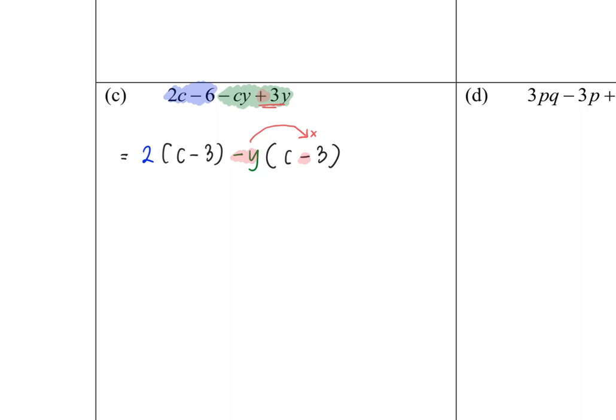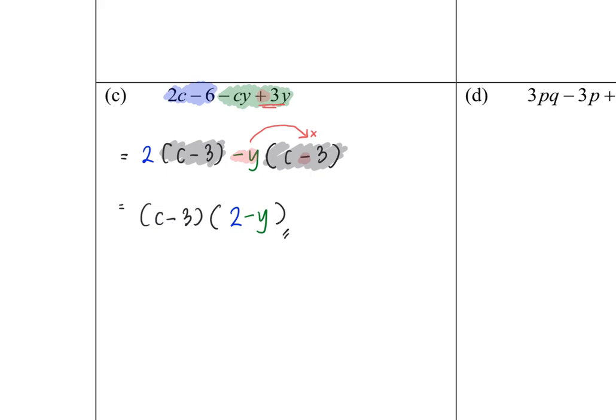So that is the reason why I write c minus 3. And from here, c minus 3, this whole bracket, will be my common factor. And I'm left with 2 and negative y.